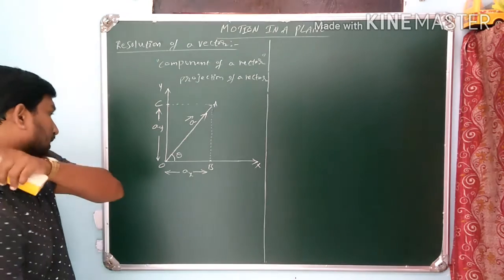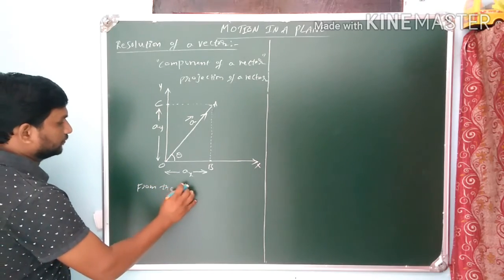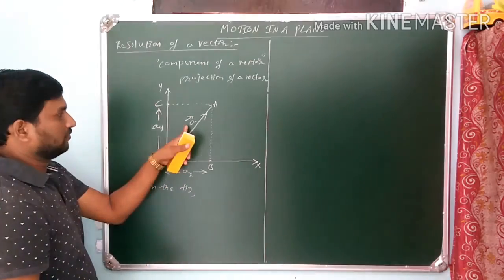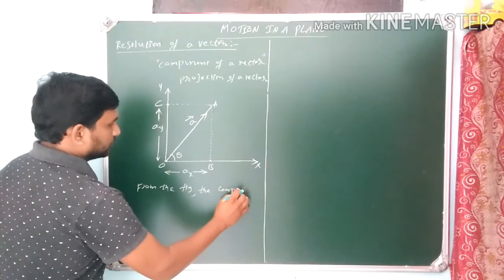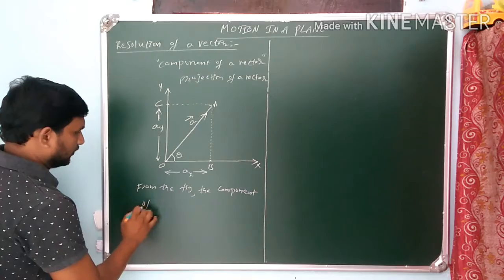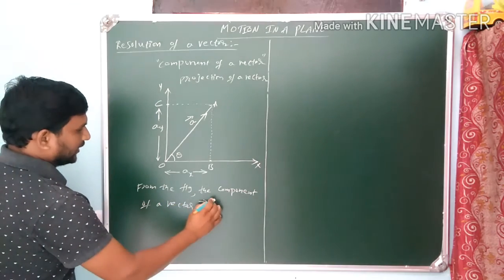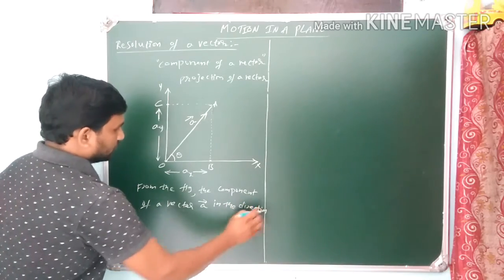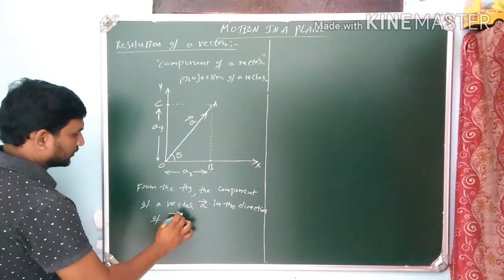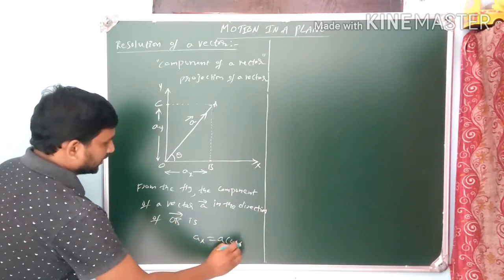Therefore, from the figure, the component of vector A bar in the direction of OB bar is AX equal to A cos theta.